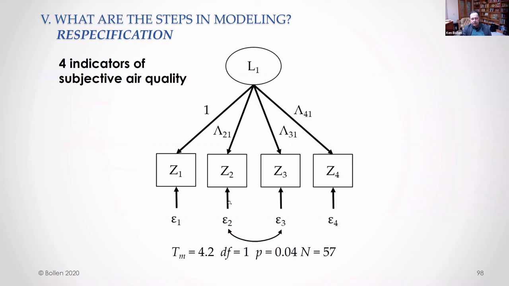Now for this particular problem, I knew the person who collected the data, a psychologist named Greg Cermak, and he told me that people had trouble distinguishing the color and the clarity question from each other. They were asked to rate the color and clarity of the air in a particular scene, and they said, well, what's the difference between those 2 questions?